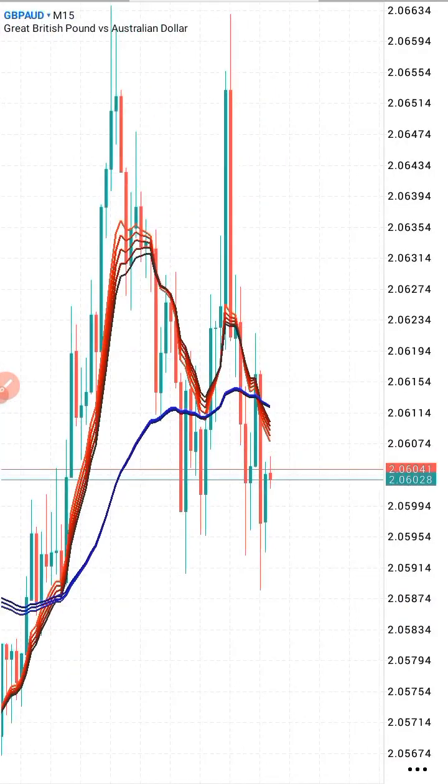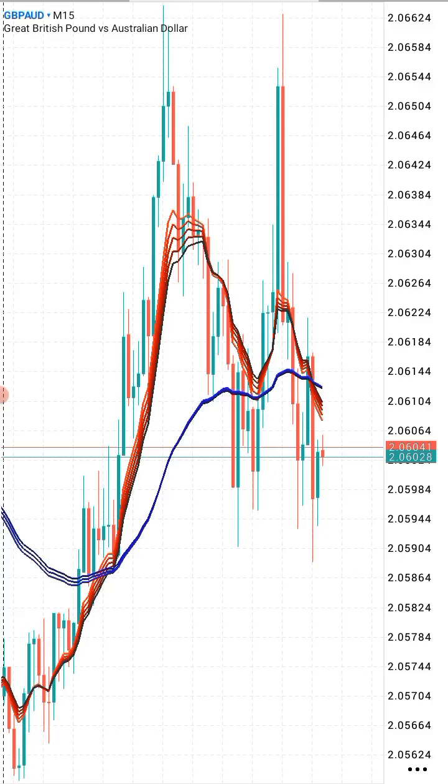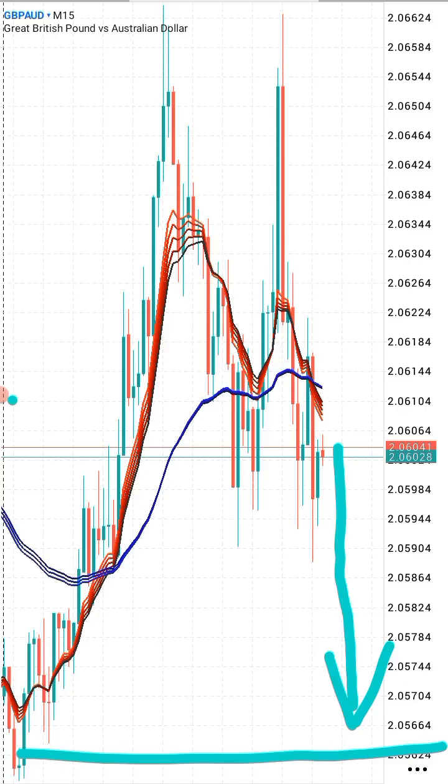Look at what is happening here. You discover that there is a tendency that these will go in this direction. Now let's take this as our support. That is one of the trading strategies that we have.